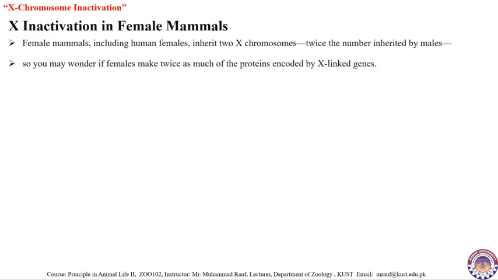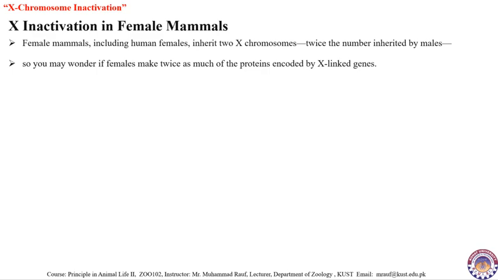So you may wonder if females make twice as much of the proteins encoded by X-linked genes. Here you will start thinking about the transcriptional product of those genes. There is only one X chromosome in the human male.